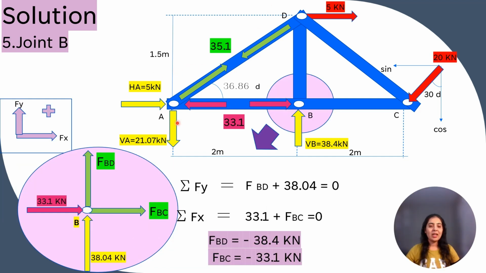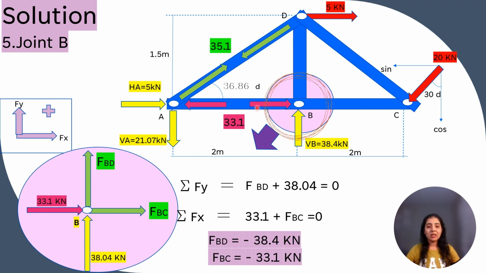After solving and representing forces for joint A, we will solve the next joint, that is joint B. So let's draw the FBD for joint B. What are the forces acting at the joint B?